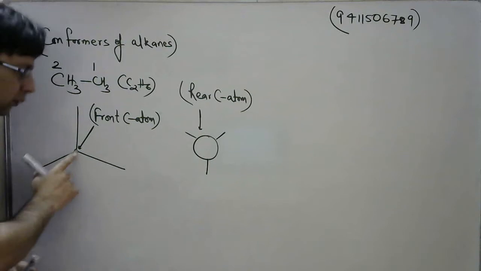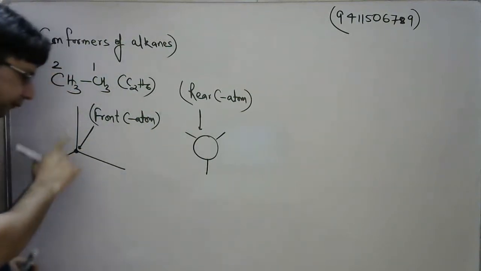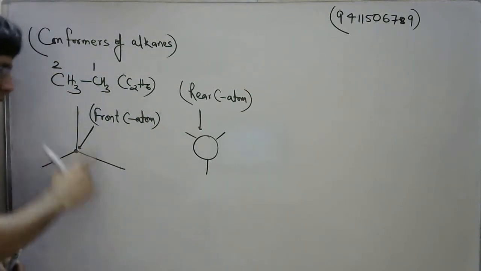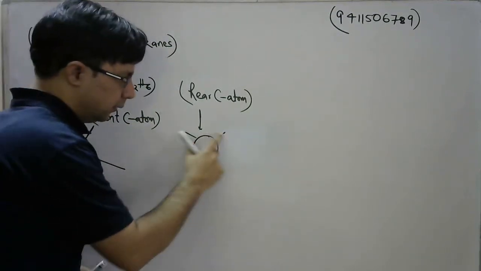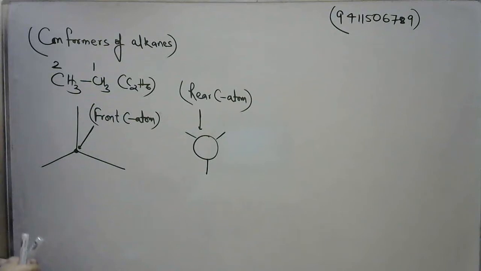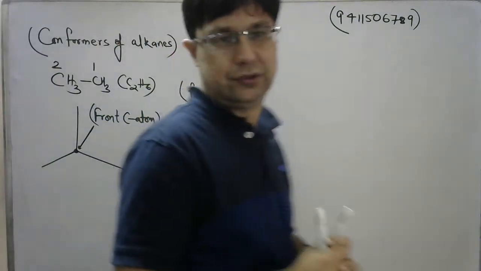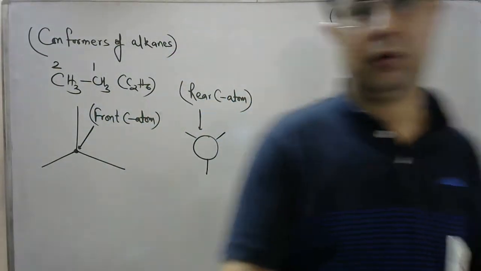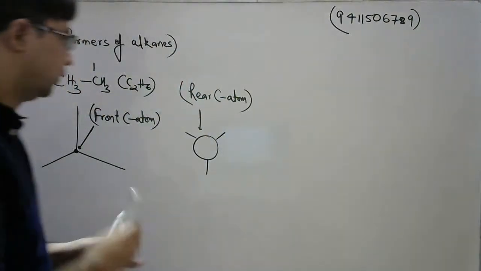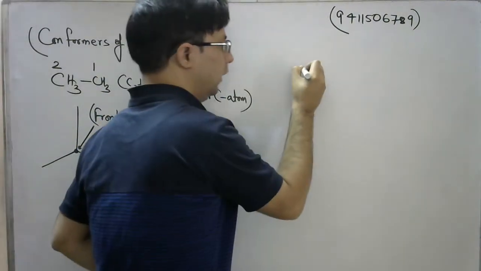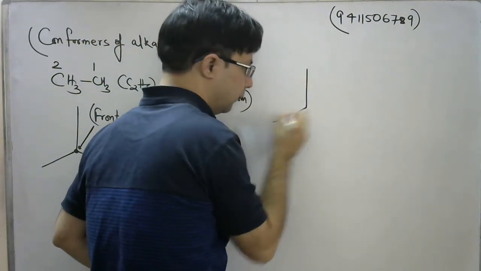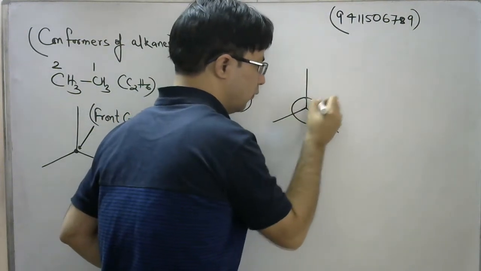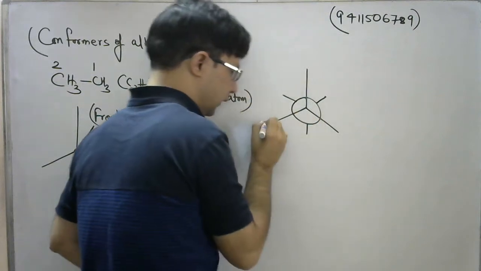This is the front carbon atom and this is the rear carbon atom. To the front carbon atom, 3 bonds have been indicated over here, and to the rear carbon atom, 3 bonds are indicated over here. So if we want to draw the structure of the ethane molecule, it will be like this.